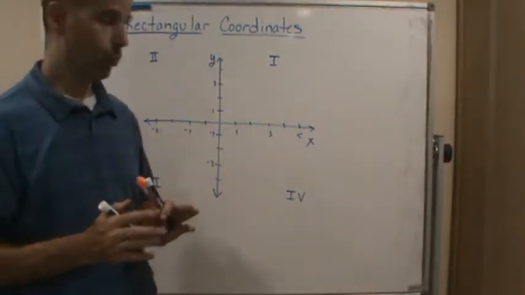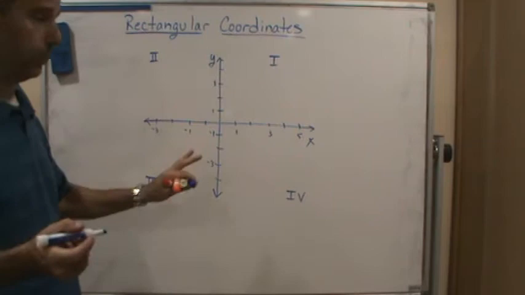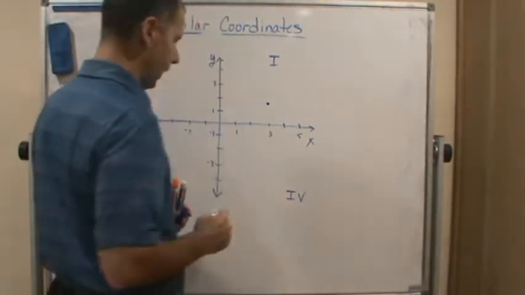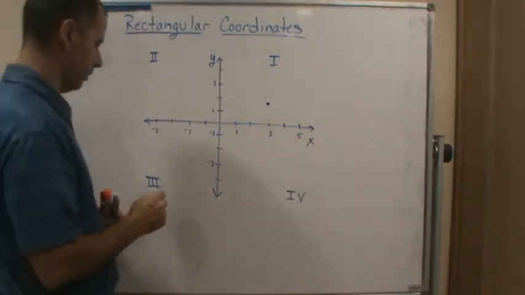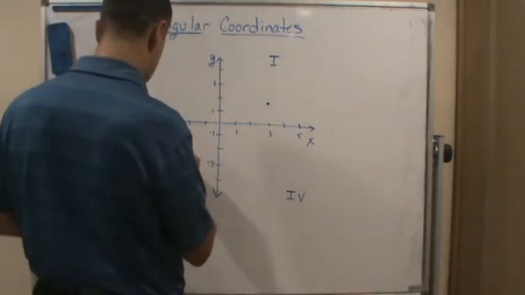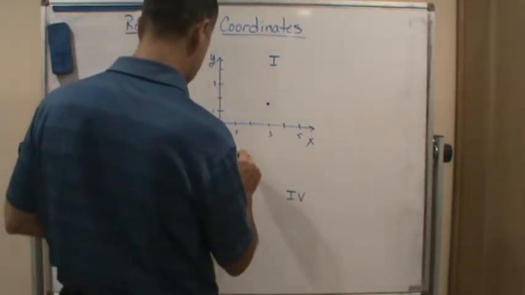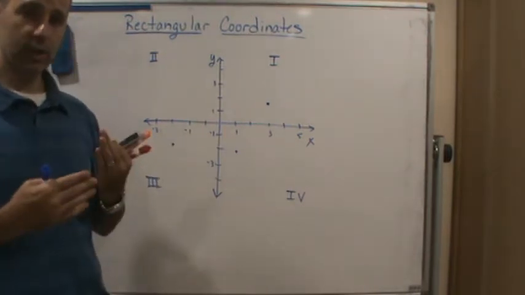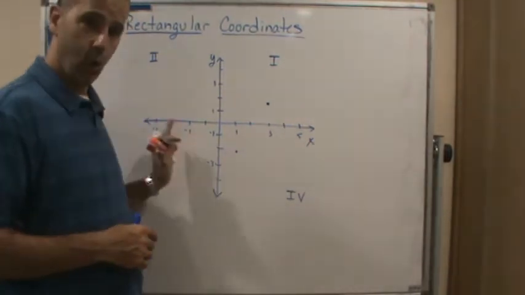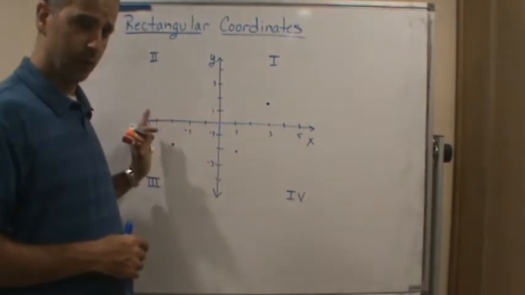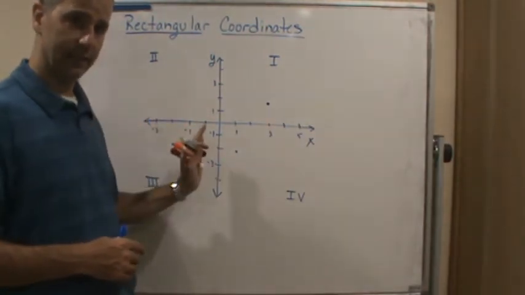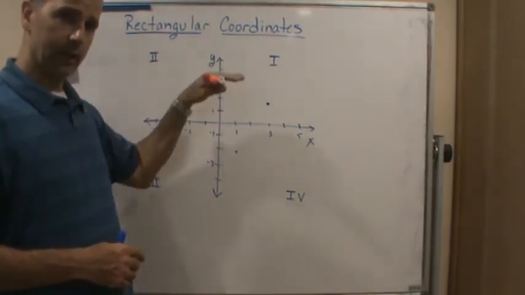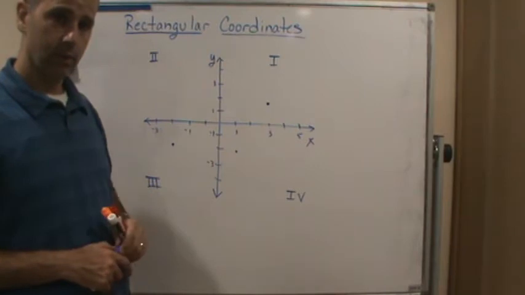And so we can represent any point in the plane, any point, anywhere, by using two numbers. What direction we're going in the horizontal direction, or along the x-axis, and how many units we are going up or down vertically, or on the y-axis.